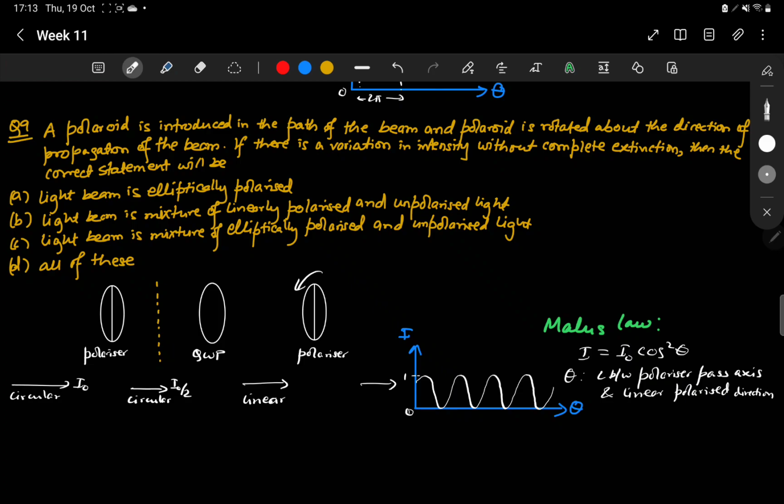Okay, so this is for, oh sorry, why am I doing circular? Okay, I'm sorry, this was supposed to be for elliptical, but the result is the same. Meaning if I send an elliptical, after the polarizer, it is elliptical.